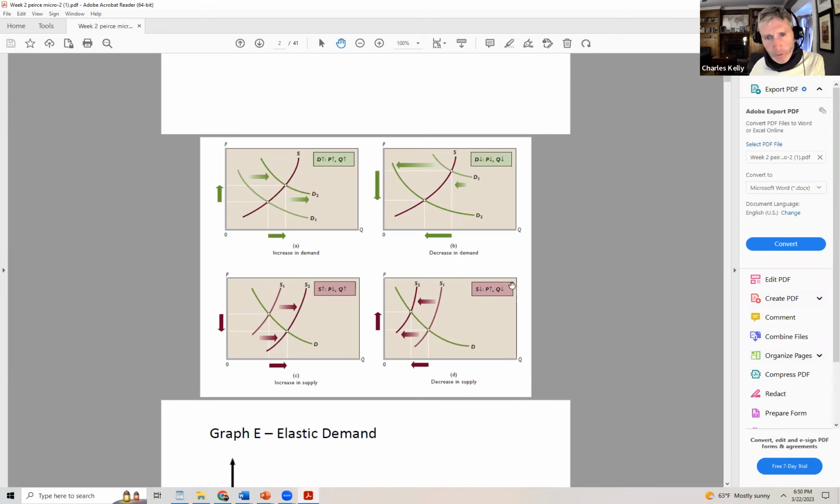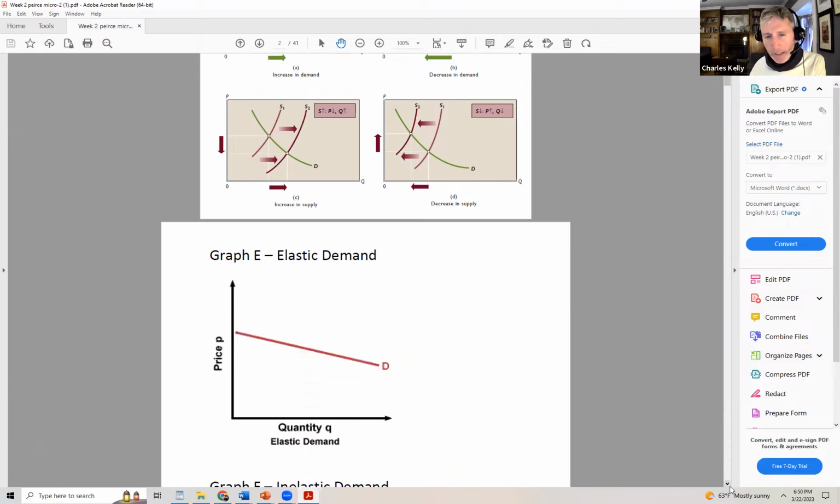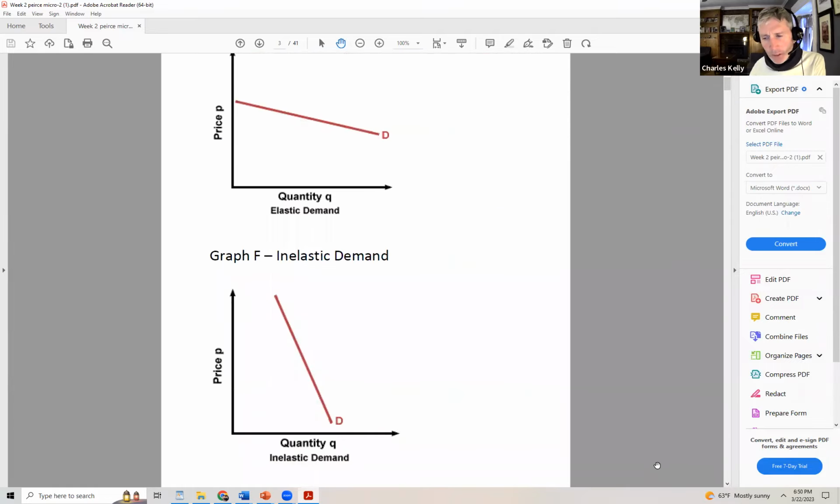Starting on page 2, this gives you an example of the 4 possible shifts of the supply and demand curves. And then page 3 is an example of inelastic and elastic demand curves, which is chapter 6 material.